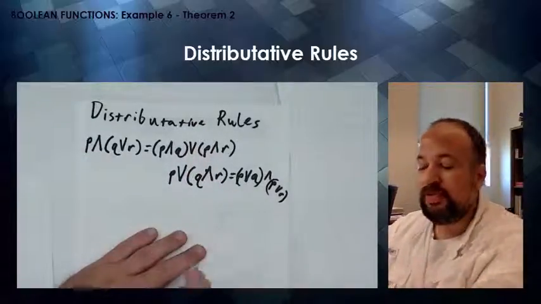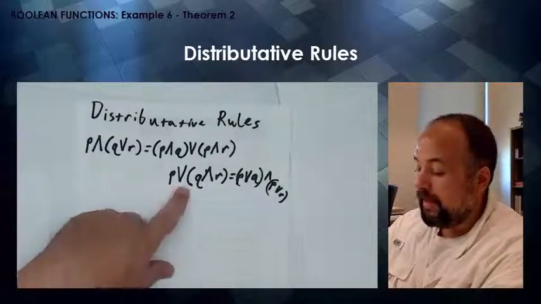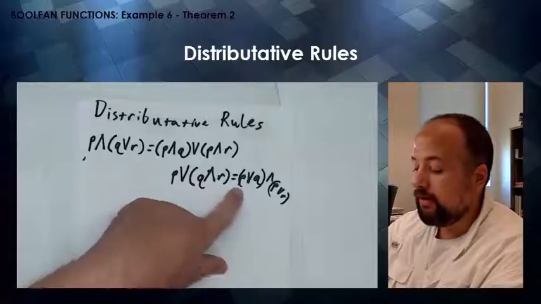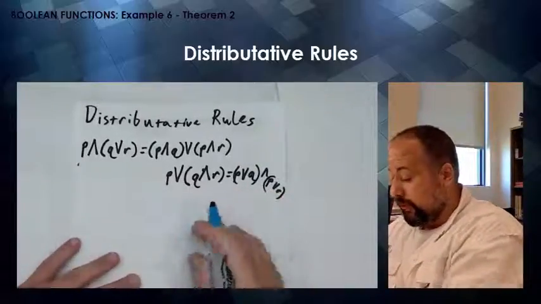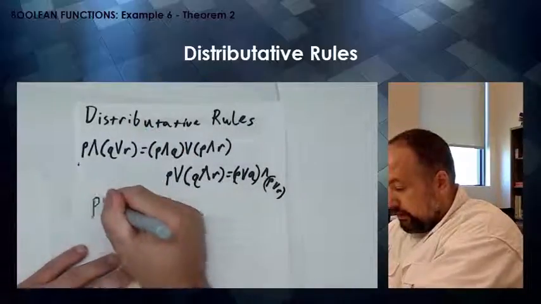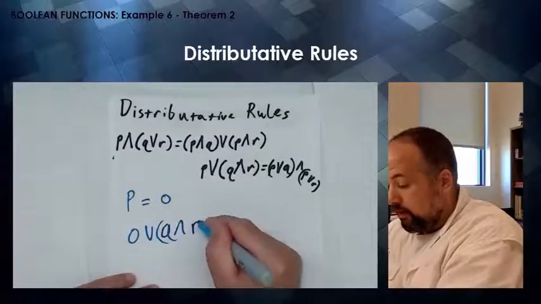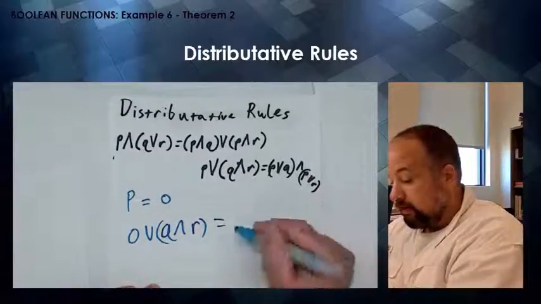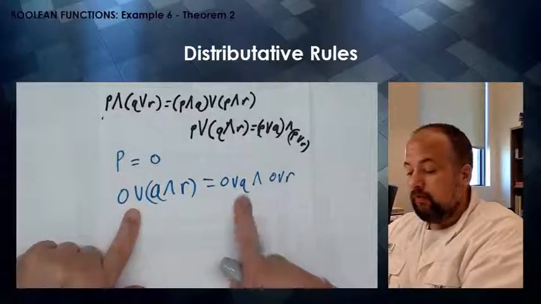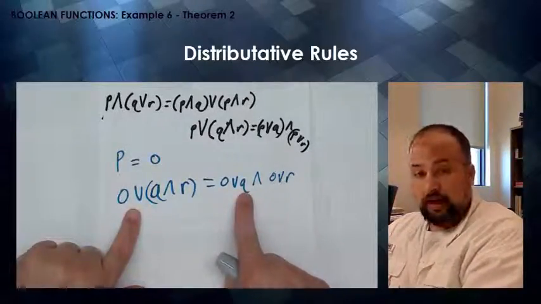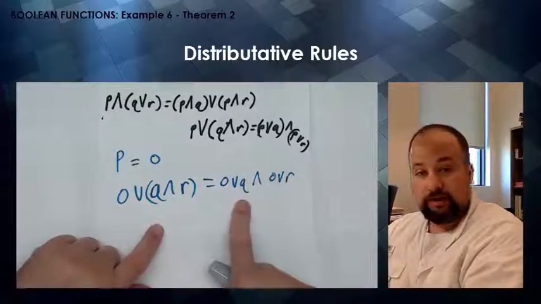I'm going to do an example with the next one, right? So P or (Q and R) is the same as (P or Q) and (P or R). So let's look at this one here. P is 0. Both Q and R need to be 1 for this entire side to be 1.